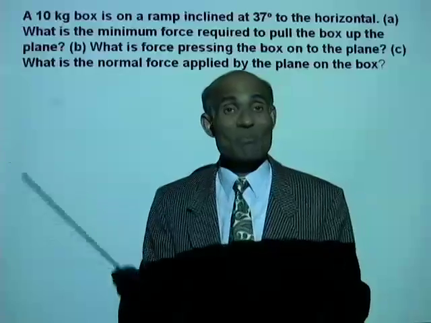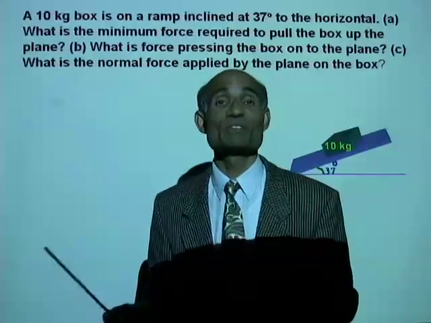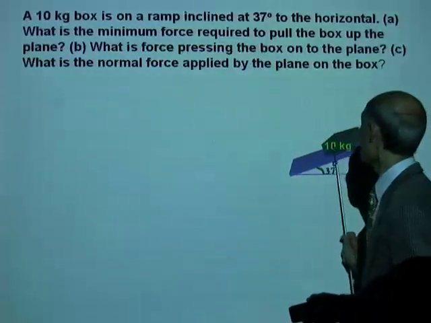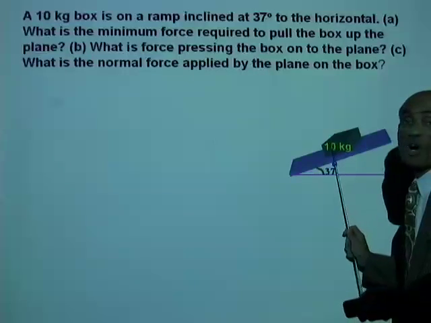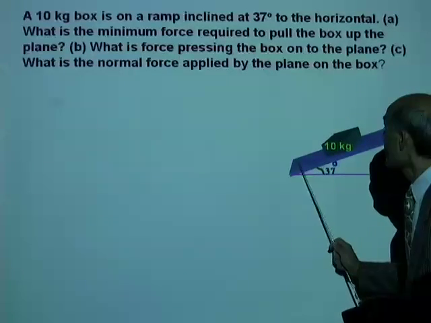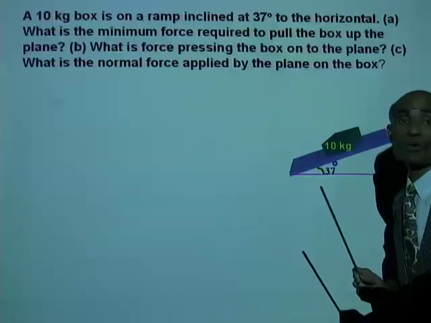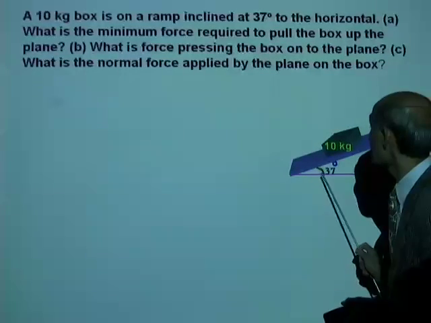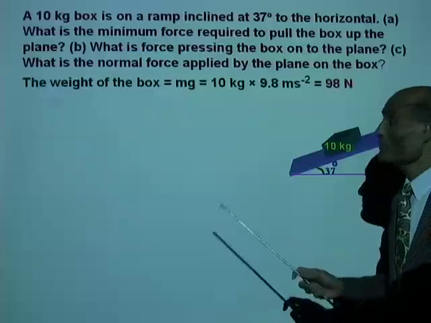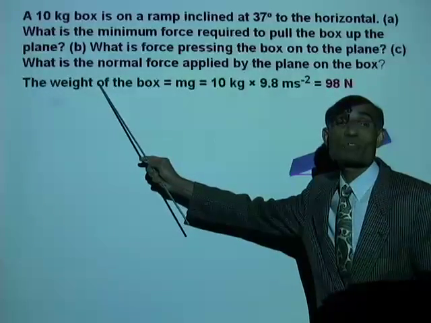Well, it's a simple application of what we have discussed so far. We have a box of mass 10 kilogram on an inclined plane, inclined at an angle 37 degrees with the horizontal. Now, what is the weight of this box?